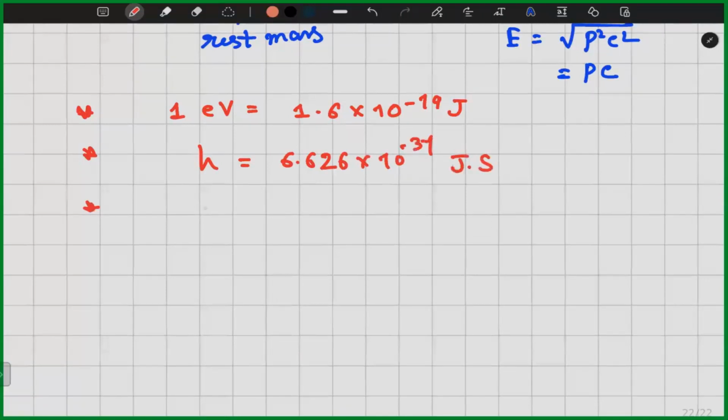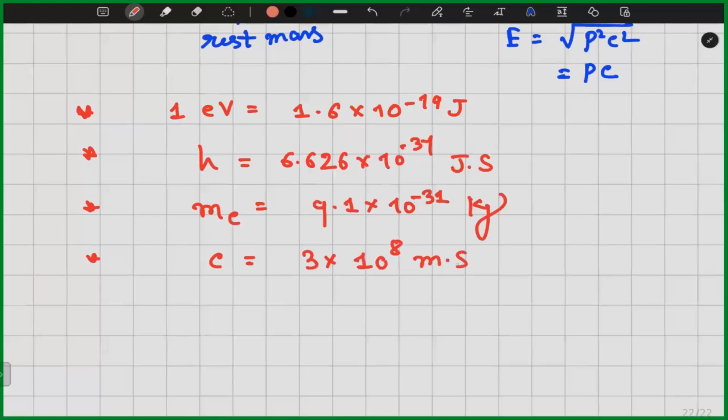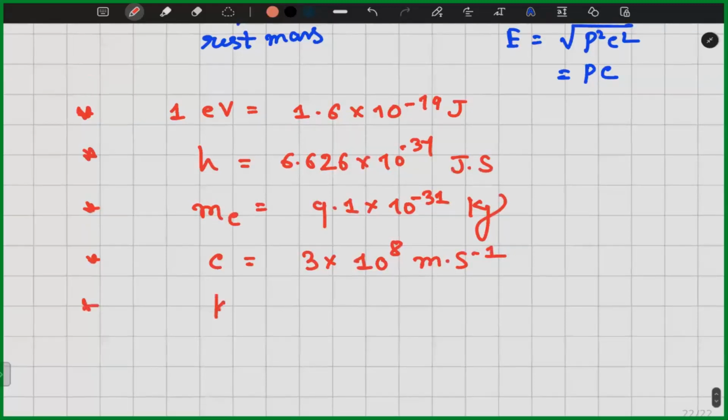Third is the mass of the electron, 9.1 into 10 to the power minus 31 kg. Speed of light is 3 into 10 to the power 8 meters per second. And nothing more is required, I think, and also the kB. kB is 1.38 into 10 to the power minus 23, the Boltzmann constant, in joule per kelvin.